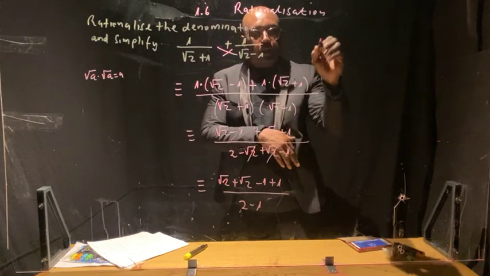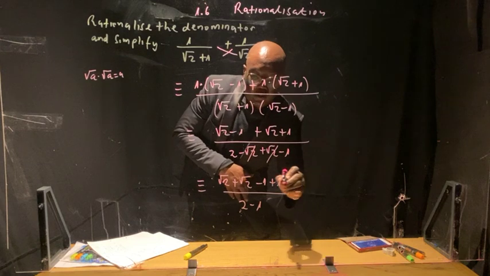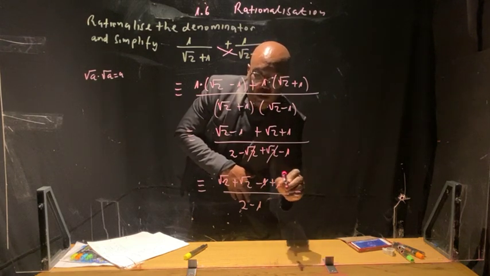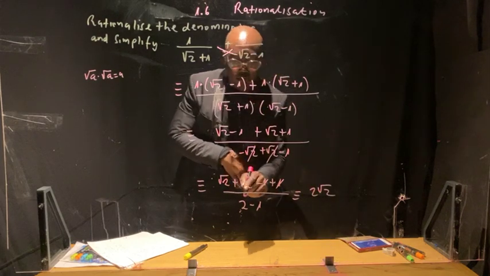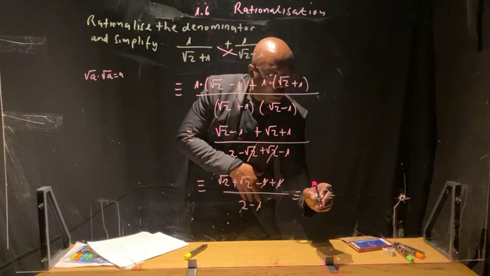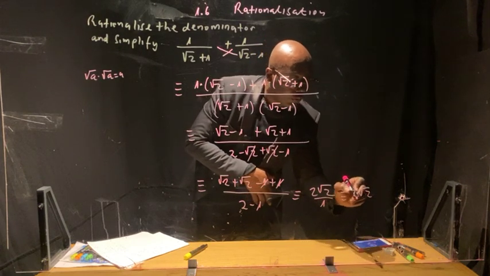Then if we extend, this one cancels this one, so we are left up with 2 root 2 at the numerator. And 2 minus 1 is equals to 1. Is equals to 2 root 2.